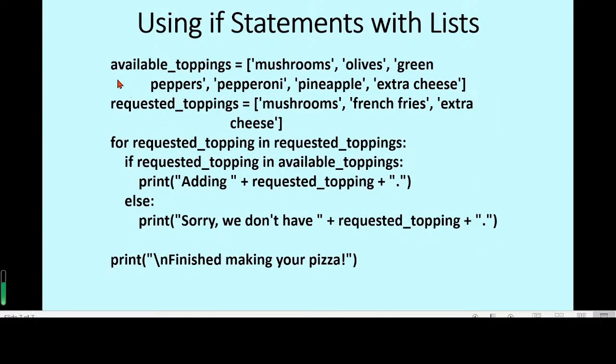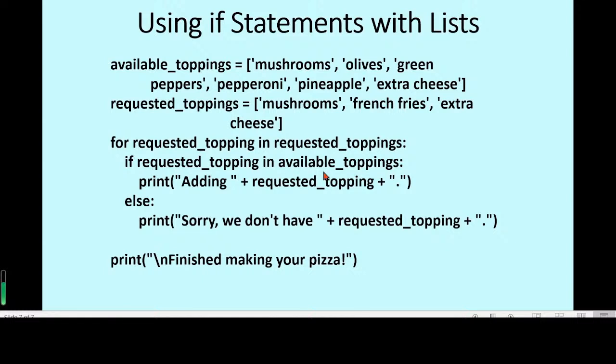So the code will look like this. Available toppings is a list we created, and requested toppings is another list created for the toppings requested by the customer. Then we will write a for loop. For each requested topping in the requested toppings, we will check if this requested topping is in the available toppings list.